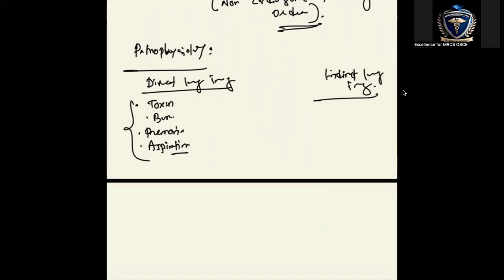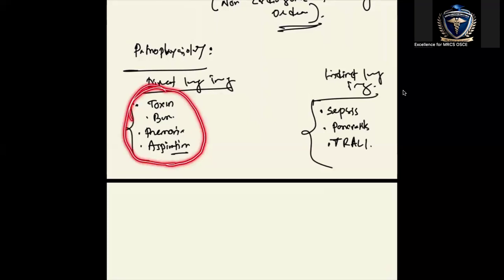In indirect lung injuries, there might be sepsis. This comes through the blood. There might be some pancreatitis, transfusion related acute lung injury. These are the indirect lung injuries. So just have a look. These things directly involve the lung, but these things don't directly involve the lung.